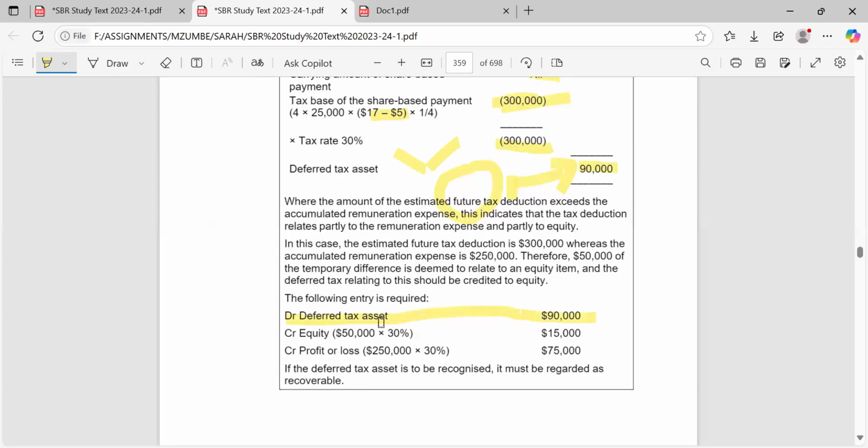This one multiplied by 30%, you're going to get 75. So this one should be on the credit side, right? 75. The remaining balance, if you see something remaining, it has to go to equity. And so the balance, the balancing figure, should go to equity, right? 90 minus 75, you get 15, and this one should go to equity.